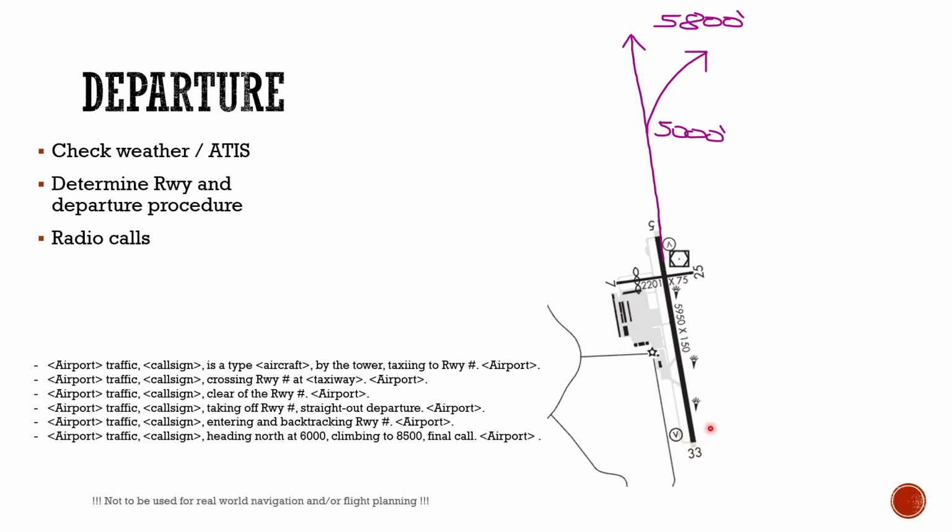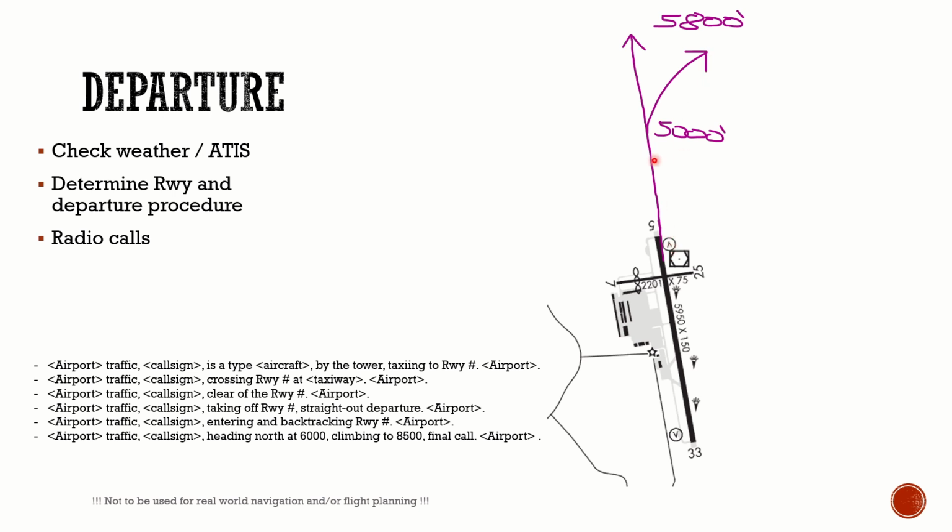But runway 33 is the preferred runway for this departure. It has a right traffic pattern. So if you want to adhere to the recommended VFR departure procedures, it's either straight out or 45 degrees to the crosswind. And make sure to climb at least 1,500 feet AGL before making any other turns.